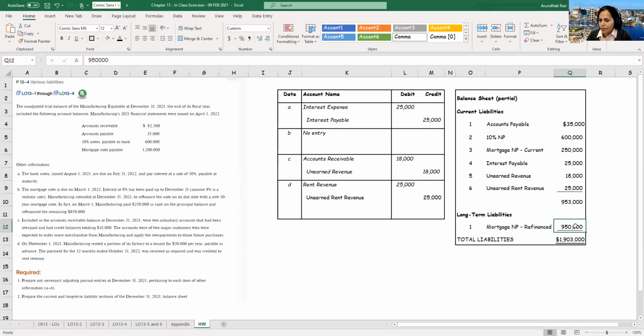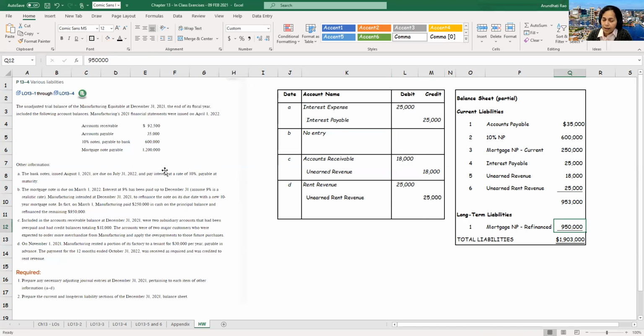Remember the danger of classifying all 1.2 million as current liability? That's going to really mess up your current ratio. Current ratio is current assets divided by current liabilities. Working capital is current assets minus current liabilities. You don't want to subtract this 950 when you know you're going to refinance it.